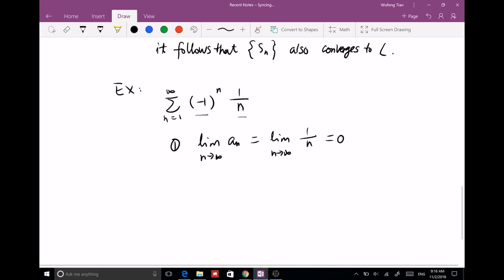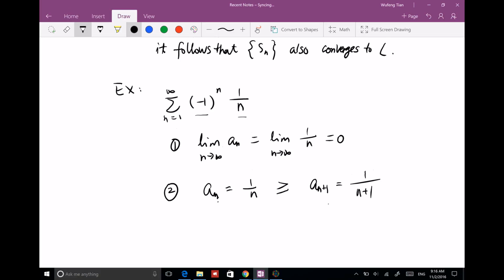We have the first condition: the limit of a_n goes to 0. Second condition: a_n equals 1 over n, and a_{n+1} equals 1 over n plus 1. So a_n is bigger than or equal to a_{n+1}.